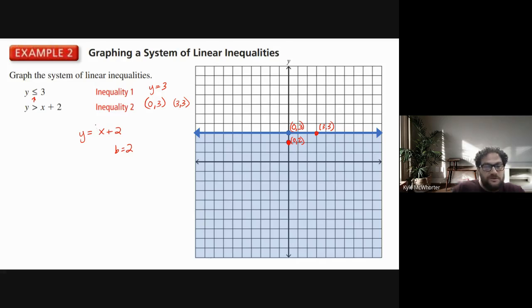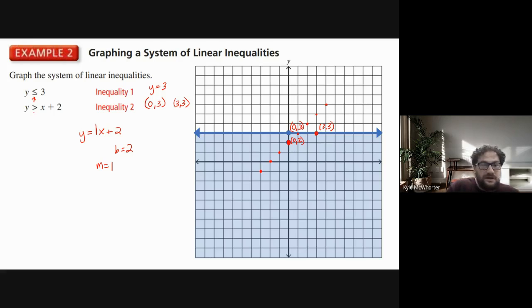And our slope is 1. It's an invisible 1 in front of that x. So slope is 1, which means rise of 1, run of 1. The slope of 1 is 1 over 1. So we go up 1 over 1, up 1 over 1, up 1 over 1. Same thing in the other direction, but opposite: down 1, left 1, down 1, left 1.